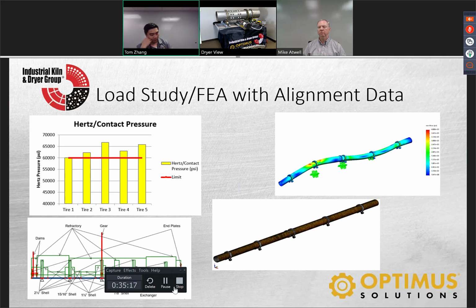I did the alignment and the load study about 2 or 3 years ago, and we asked them to make the adjustments, and the adjustments were not made. The consequence is they had a crack at that location, and we went back and used the numbers, and we discussed with the customer, and they said we were in fact very accurate in the sense that they had cracks at that location.